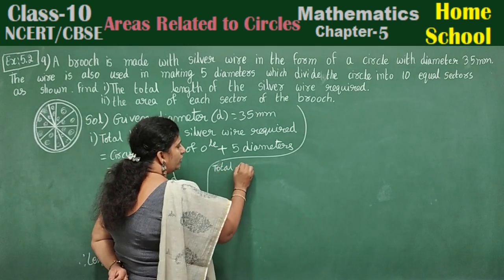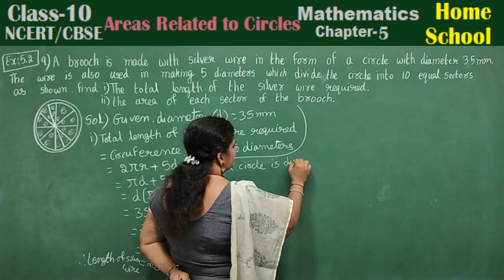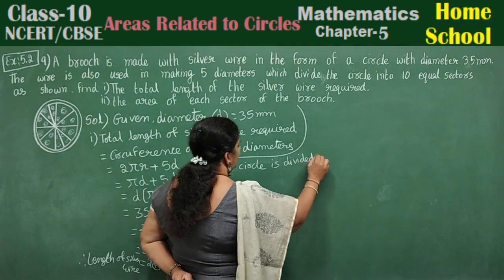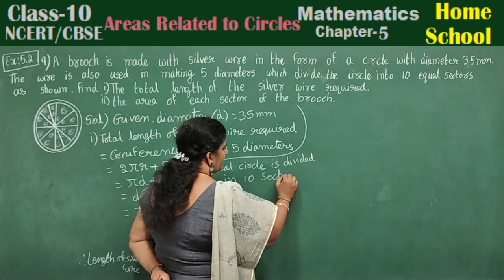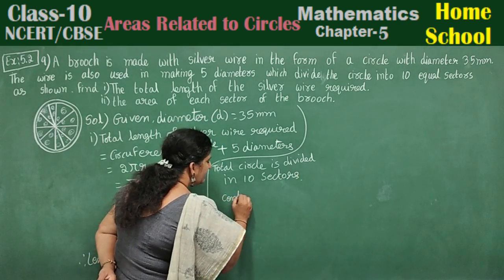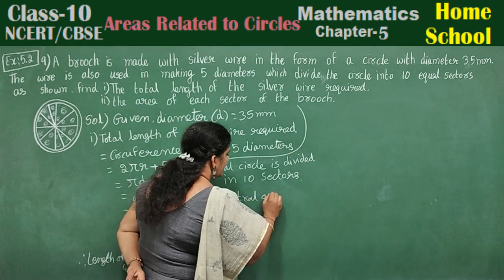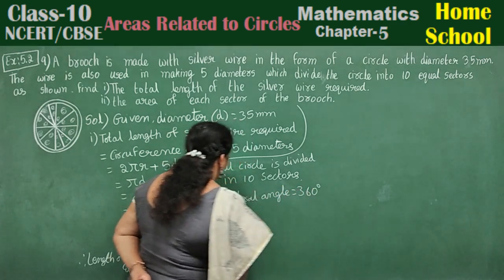We know that the total circle is divided into 10 sectors. The central angle is equal to 360 degrees.